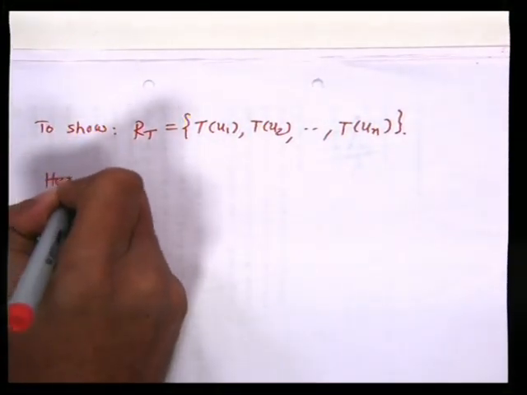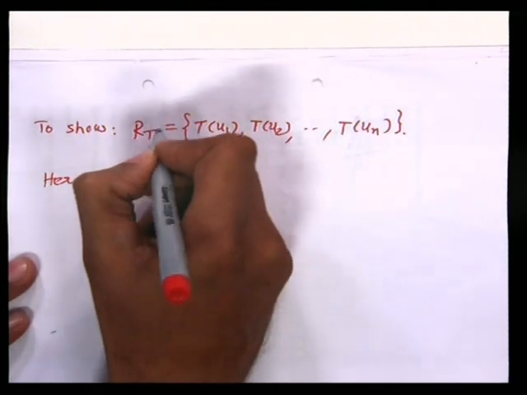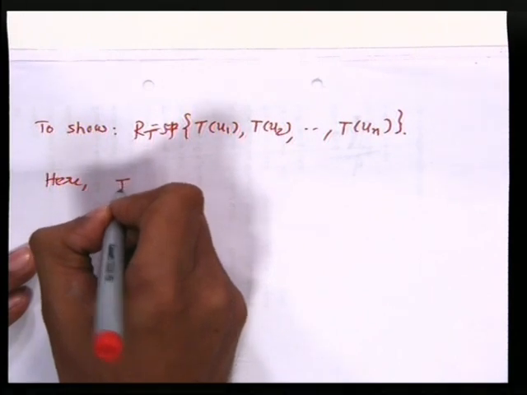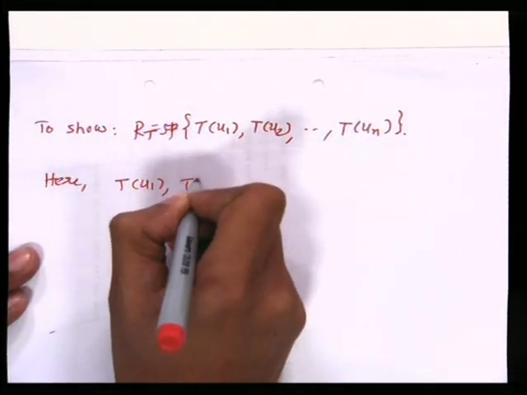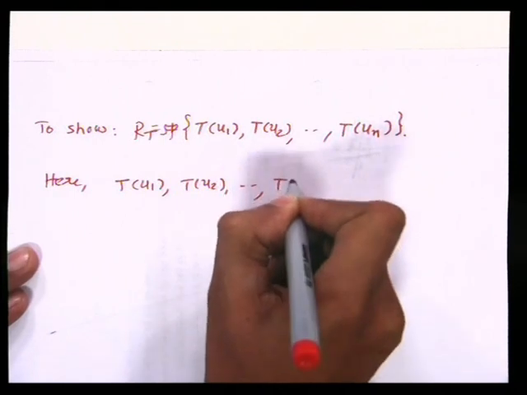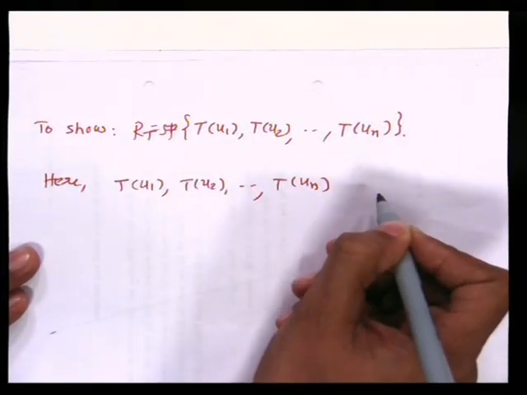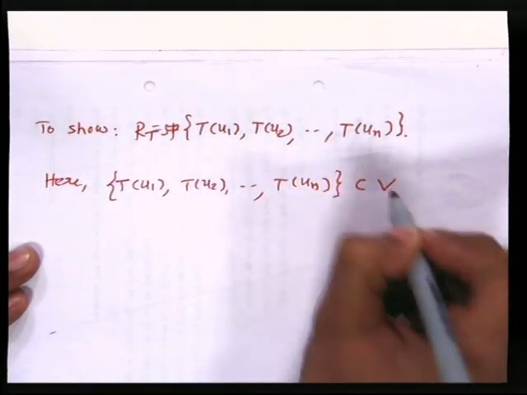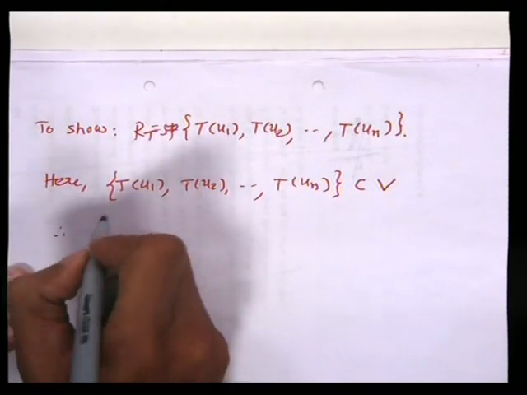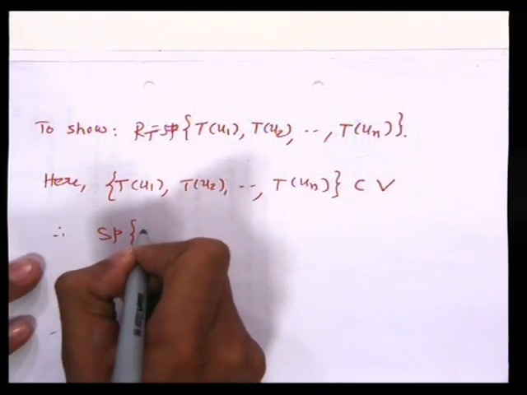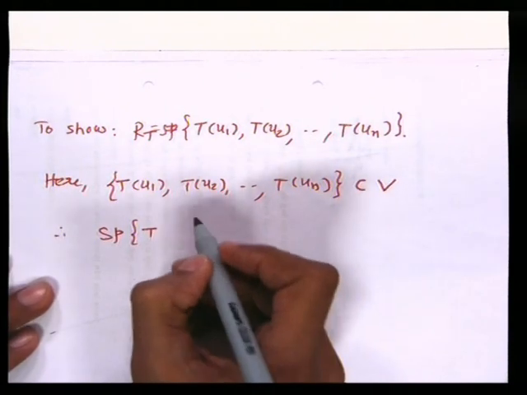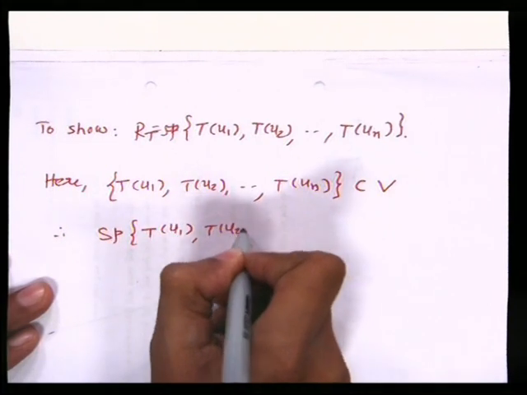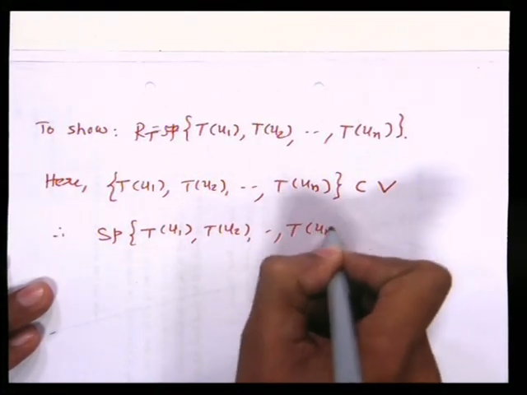Sorry, R(T) is spanned by this. Here the vectors T(u1), T(u2), T(un) are vectors of V. So this set of vectors is a subset of V. Therefore, the span of T(u1), T(u2), T(un).